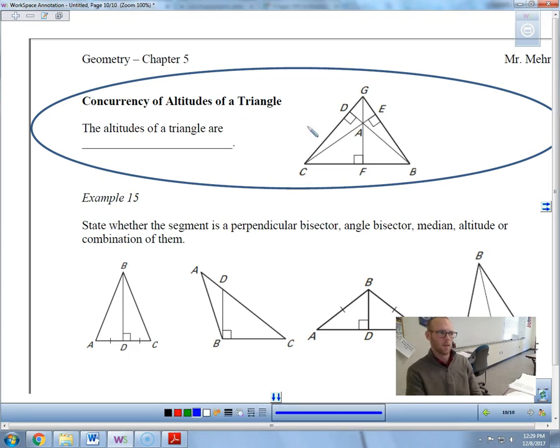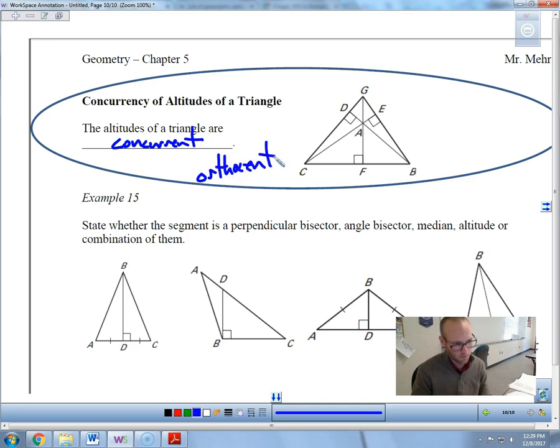Okay. Concurrency of altitudes of a triangle. The altitudes of a triangle are concurrent. Put a note here. This is called the orthocenter. We can see it right there. We see the three altitudes. They meet at that point A. Again, there's nothing too special about this point. Like our other points, it just exists.